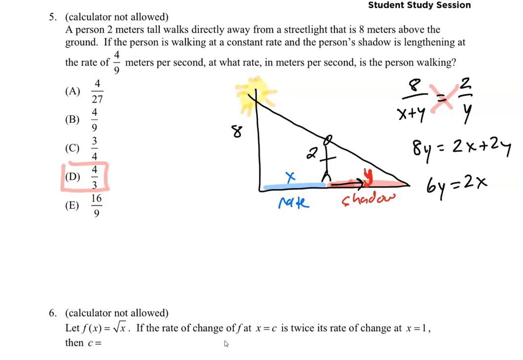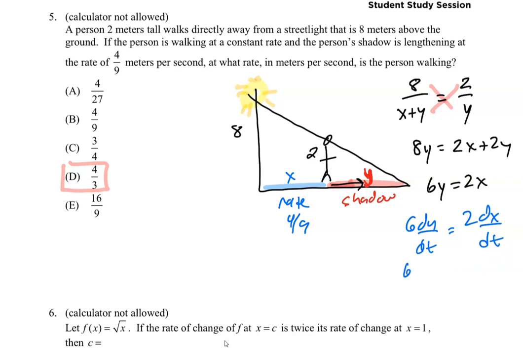Yeah, so then it's going to go like this. 6 dy dt equals 2 dx dt. So dx dt is 4/9. And yeah, the rate he's walking is 4/9. Sorry, it's the shadow, so dy dt would be 4/9. Yep, the 4/9 is what the shadow is changing.